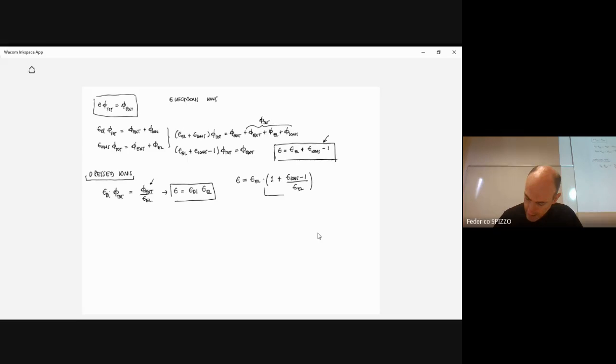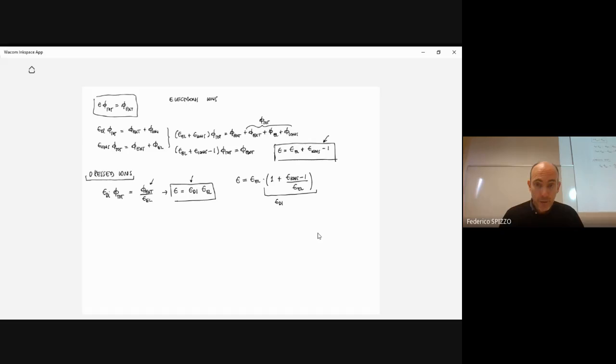So this is the dressed ion term. The electronic term is the one in front here, and in comparison with this equation, this represents the dressed ion contribution.